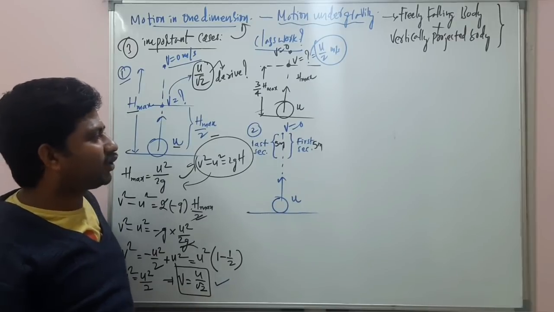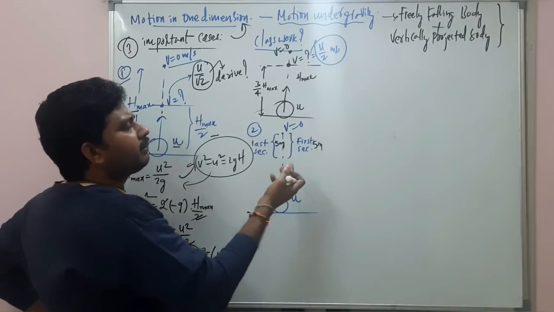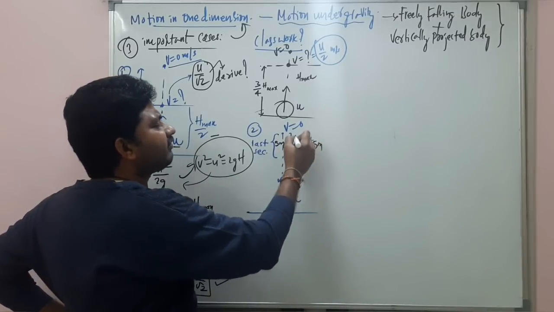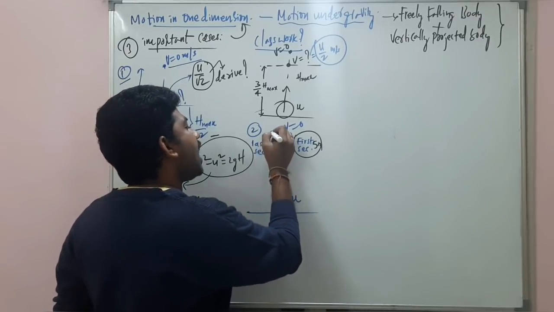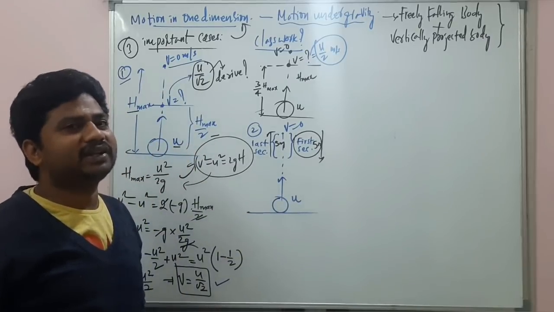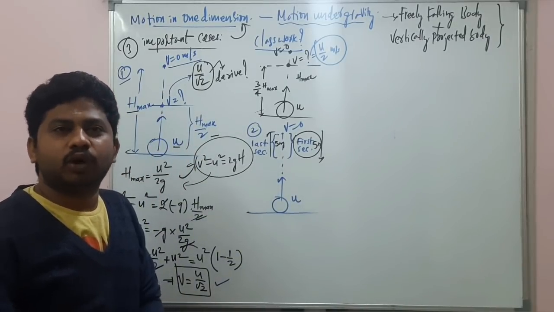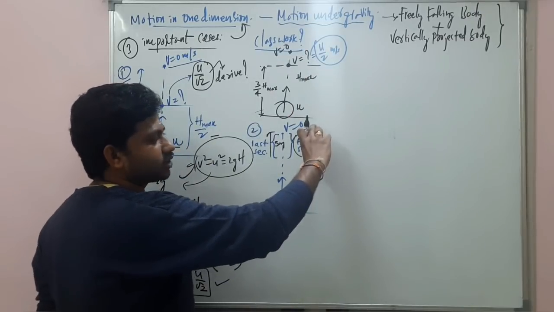Alright? And the most important thing, listen carefully here. The distance traveled by any body in the first second is easy to find in downward motion. This is the upward motion and this is the downward motion. So how simple it is to find the distance traveled by the body in the first second of its downward motion.